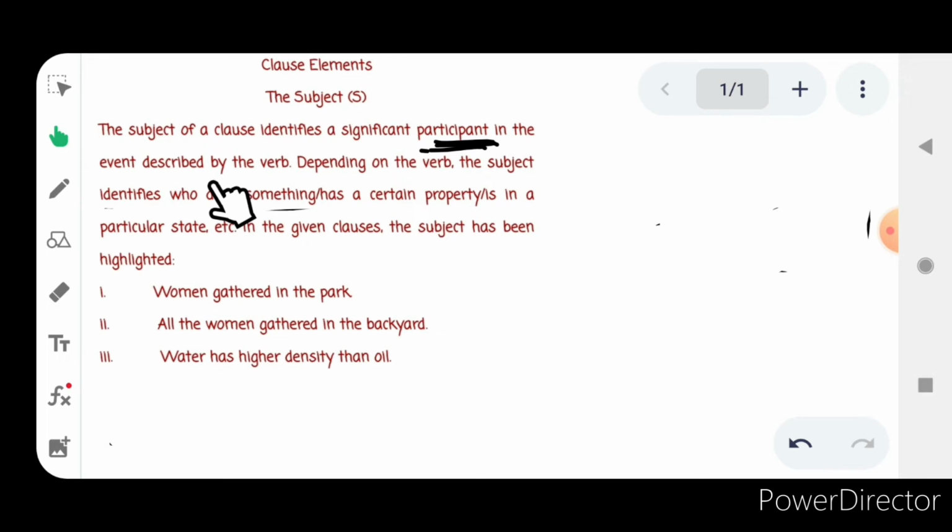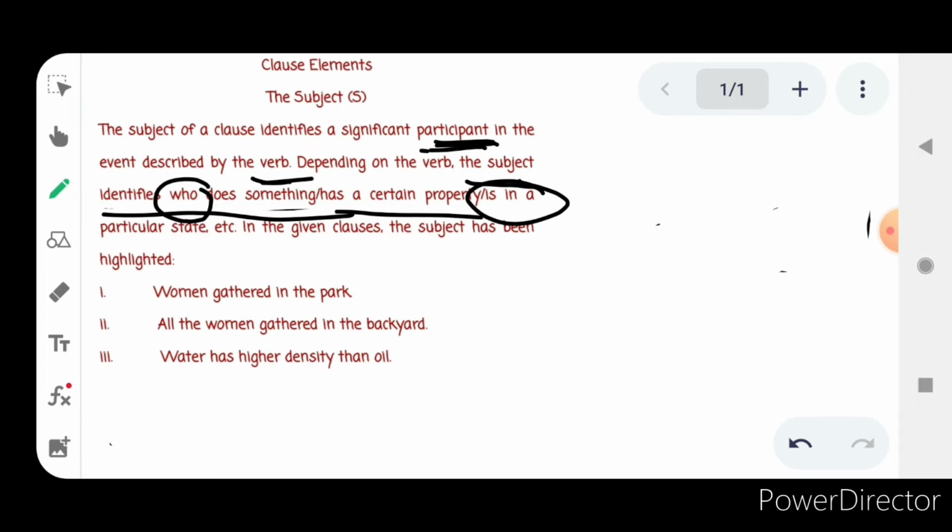This participation of the subject is described by the verb. And depending on the verb, the subject identifies who does something. This word here is important. Who does something, or who is in a particular state, or who has a certain property.